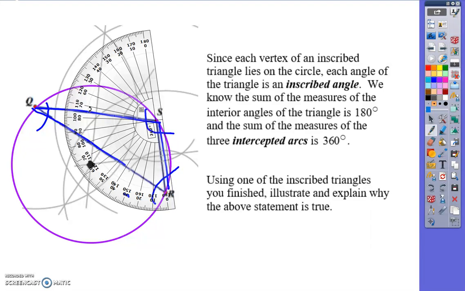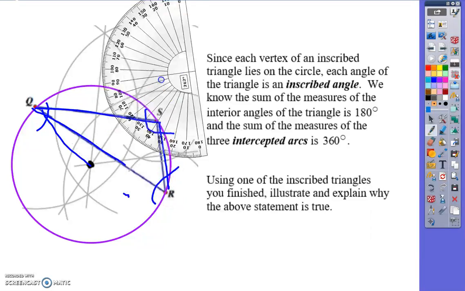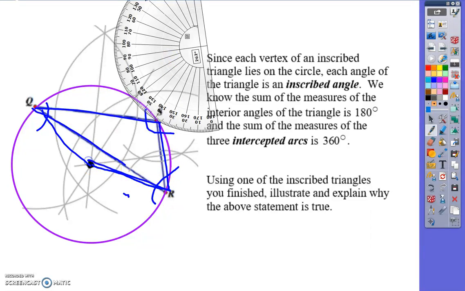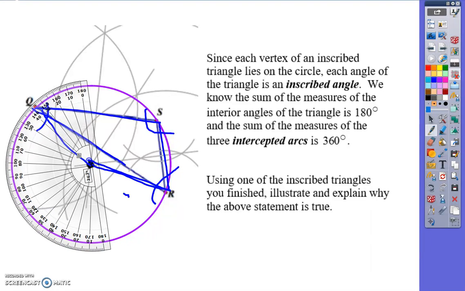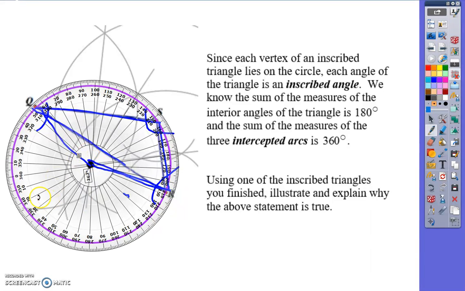And this central angle is strange because it's going to be this one. So that's going to be more than 180. That's the reason I chose to do this one for you, because I have a fancy protractor that goes all the way to 360 if I just turn it all the way.